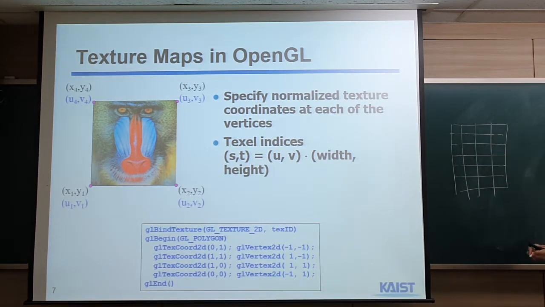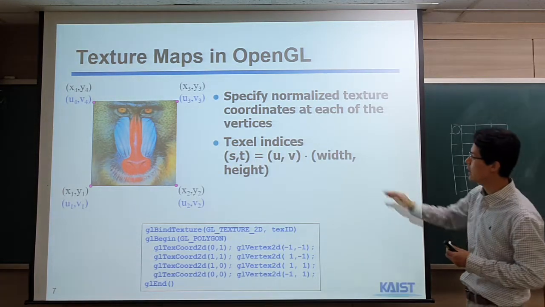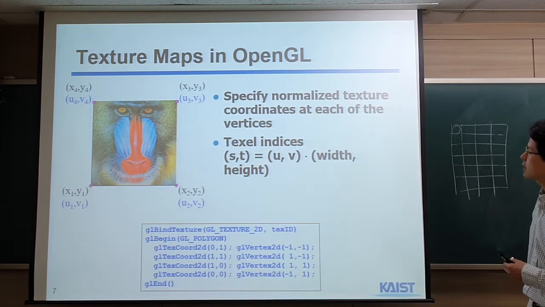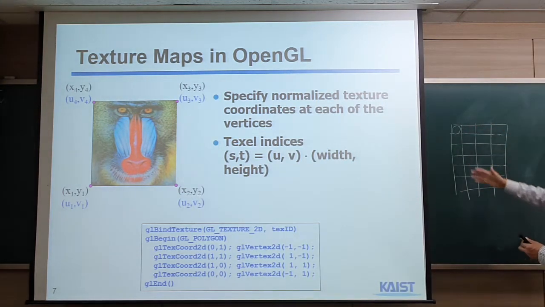Pixel, and the pixel in the texture, we actually call it a texel. The texel index can be computed from the width and height of this 2D map.